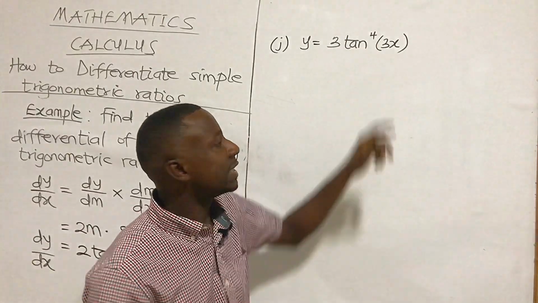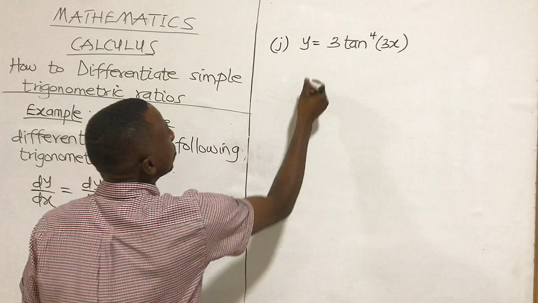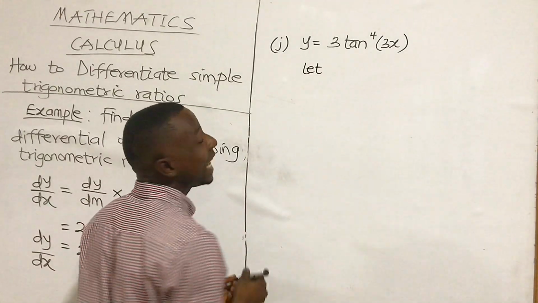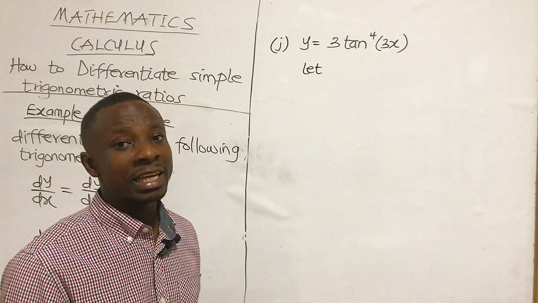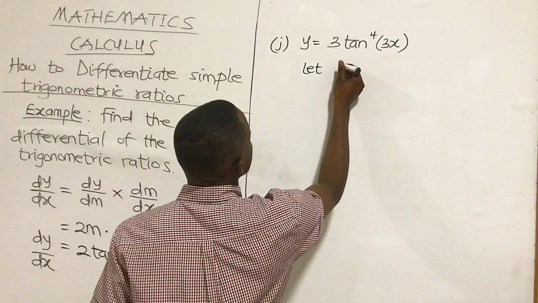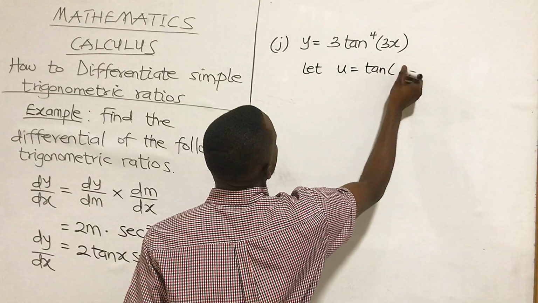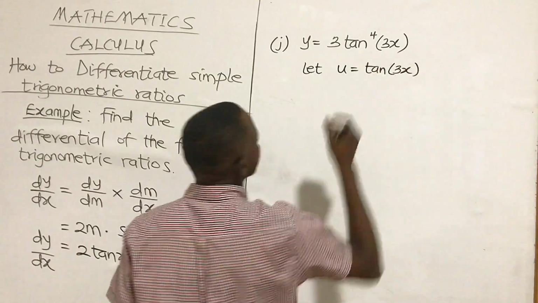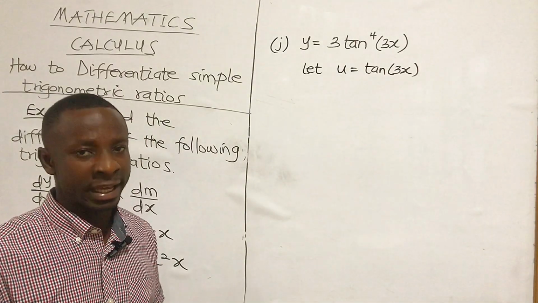So here the tan is still carrying an exponent. So we are going to let any variable of our choice, and this time around let's use the variable u is equal to tan of 3x. So u is equal to tan 3x.